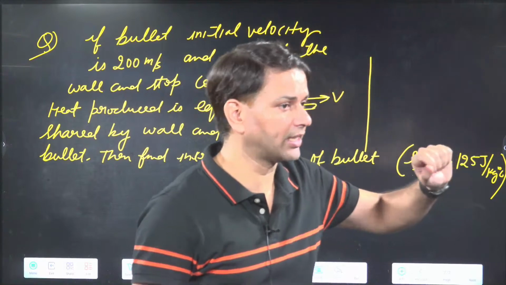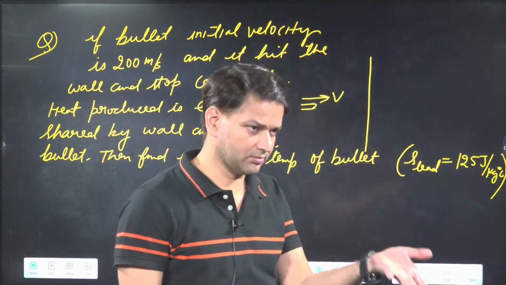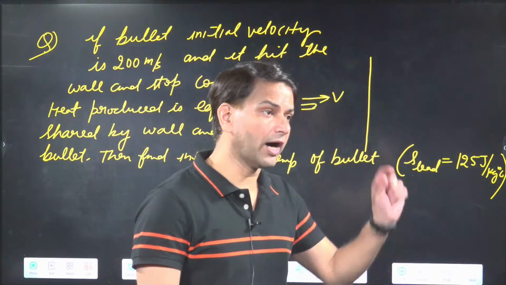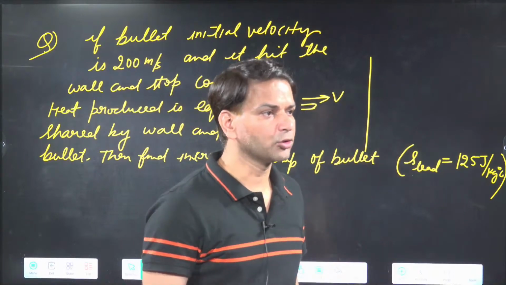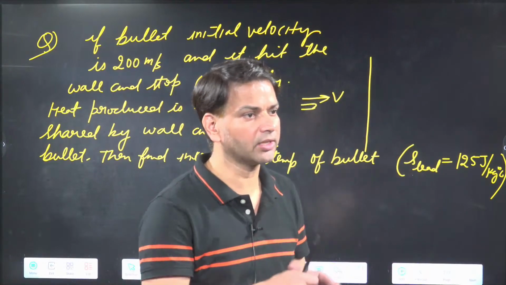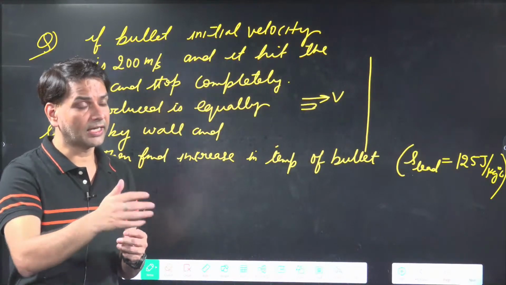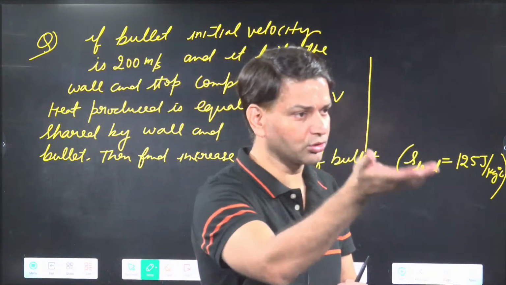Initial energy of the bullet is half mv square. The bullet is stopped completely, which means all energy is destroyed and converted into heat. So half mv square joule or half mv square by J calorie. The total heat produced is half mv square, but it is equally shared by the bullet and the wall. Means 50% remains in the bullet, 50% goes to the wall.